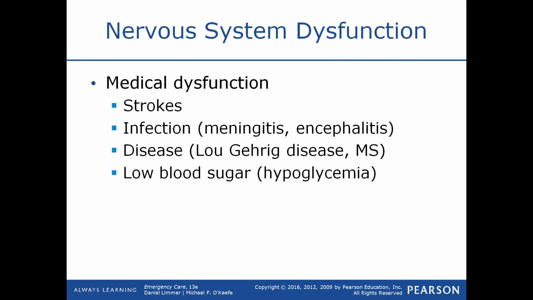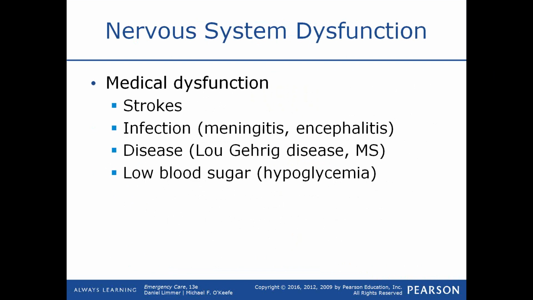Now, medical dysfunction of the nervous system, as in the case of strokes, can lead to shock. A stroke is either caused by a blood clot in the head or bleeding into the brain itself from a ruptured vessel inside the head. Infections like meningitis and encephalitis, a swelling of the brain, can lead to dysfunction of the brain, which can lead to shock.